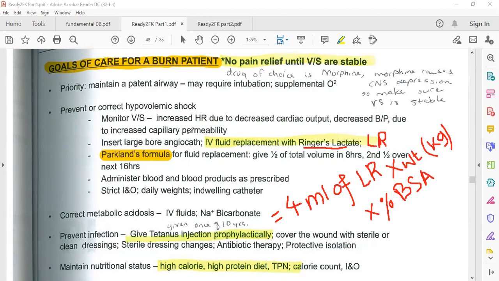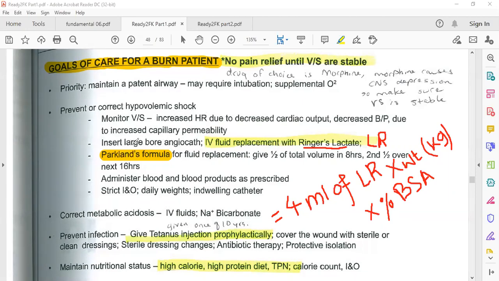Patient will be confused. Fever or chill, decreased bowel sound. And we said increased capillary permeability and also increased capillary refill time. Patient has tachycardia, means increased heart rate, and increased respiratory rate, we call tachypnea, right?